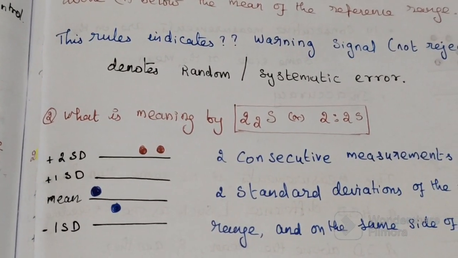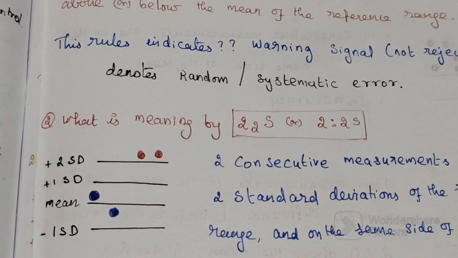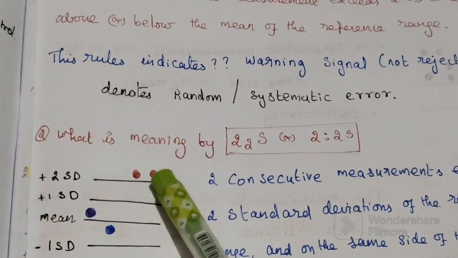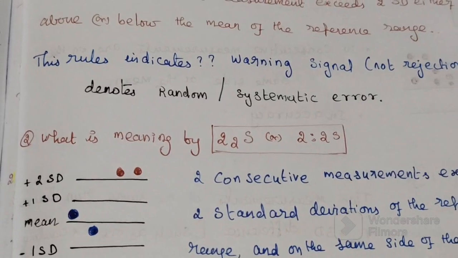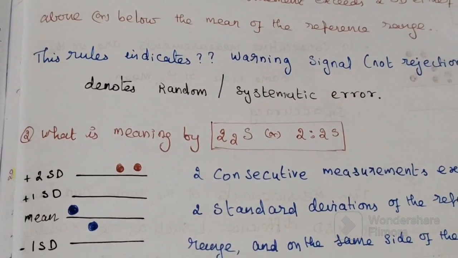So 2 values exceed 2 standard deviation. So this is the 2-2s rule, across run.